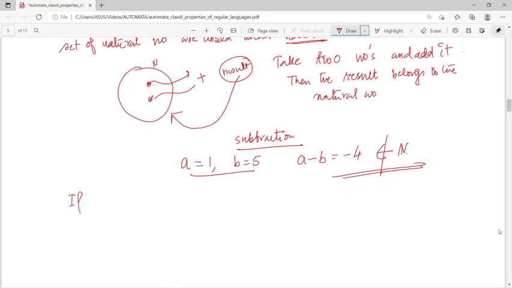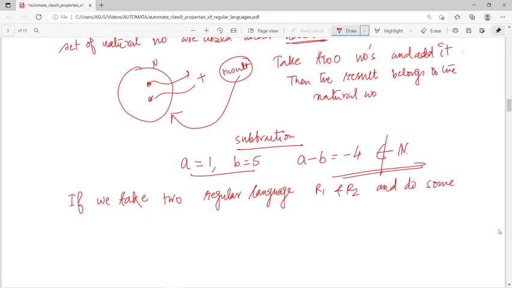That means if we take two regular languages, say R1 and R2, and do some operations. Here we were doing addition, and subtraction in the previous case.